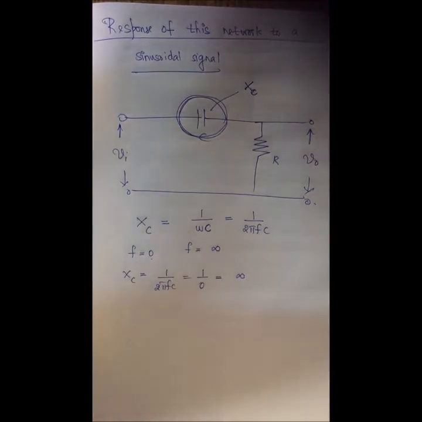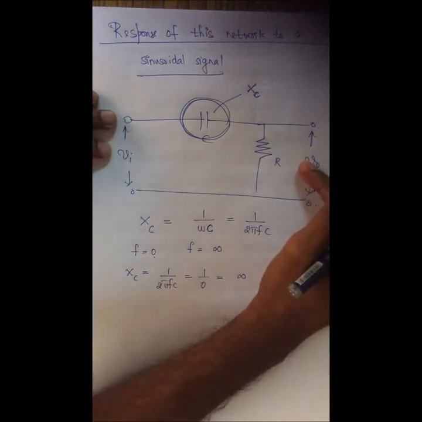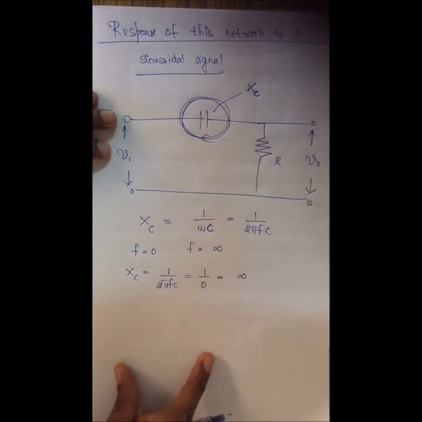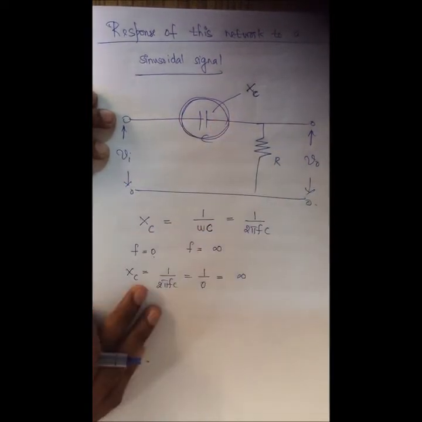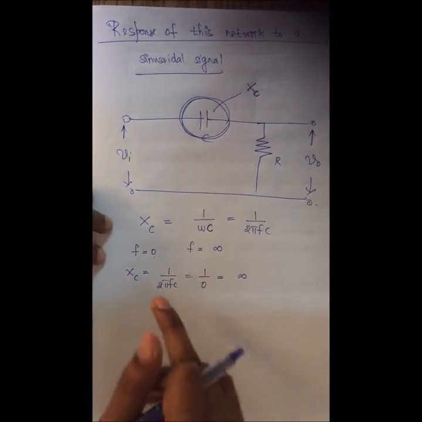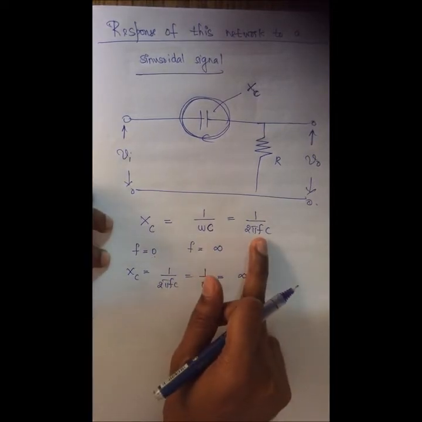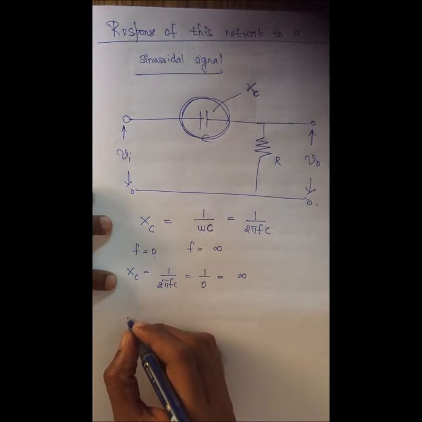What does it mean that the reactance offered is infinity? That means it is fully blocking the input from being received at the output end. So I can very well say the capacitor is behaving as an open circuit for the condition where frequency is equal to 0.